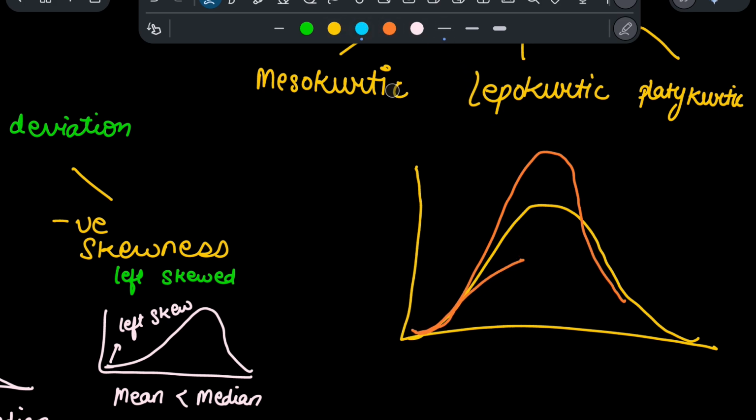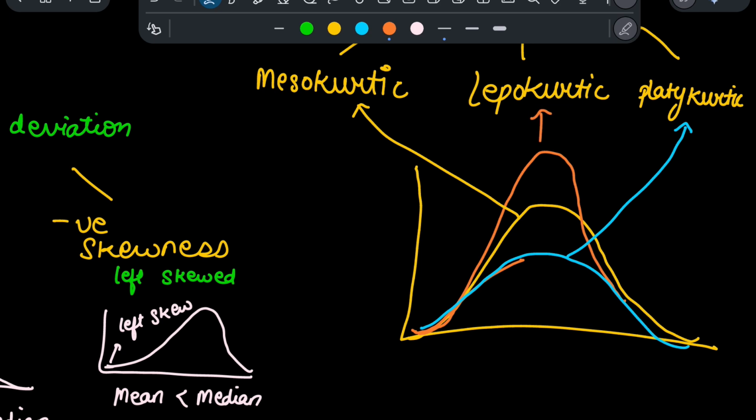Let me show it with a different color. This is our platykurtic distribution, in the middle it is our mesokurtic distribution, and this one is our leptokurtic distribution.